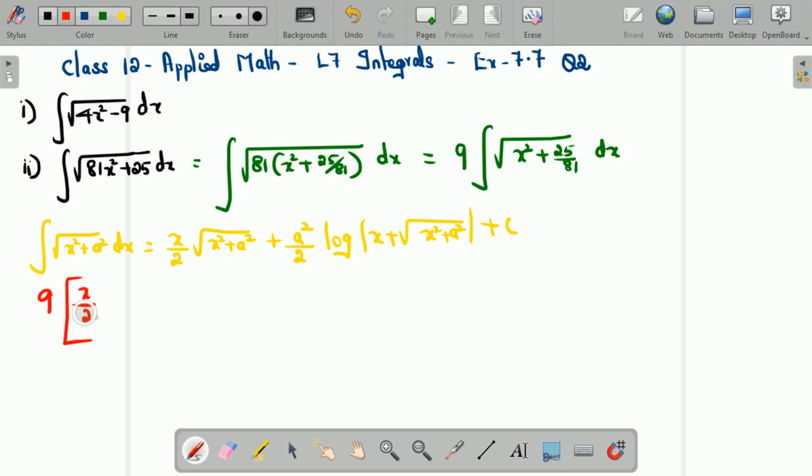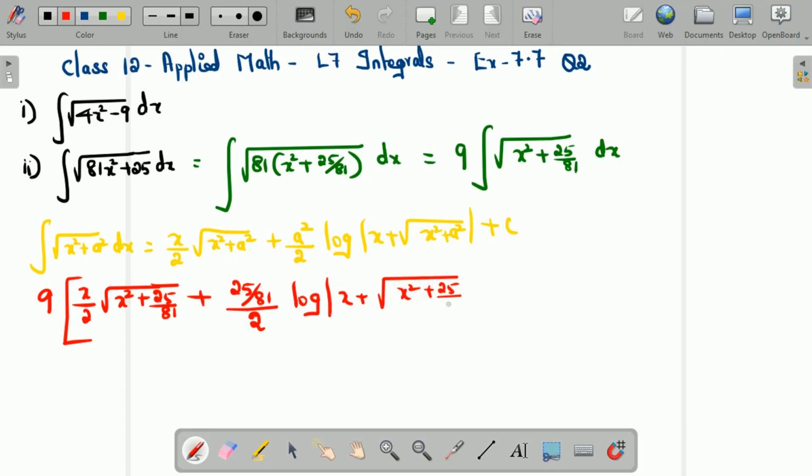So this is x by 2 root of x squared plus 25 by 81 plus, remember a squared itself is 25 by 81, the whole thing divided by 2 log of x plus root of x squared plus 25 by 81 plus c. I am putting it outside the square bracket. In the next term, I am going to multiply every term by 9.